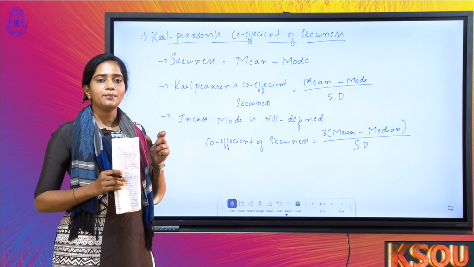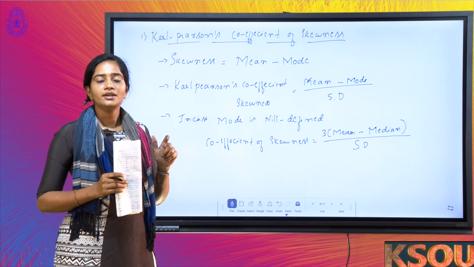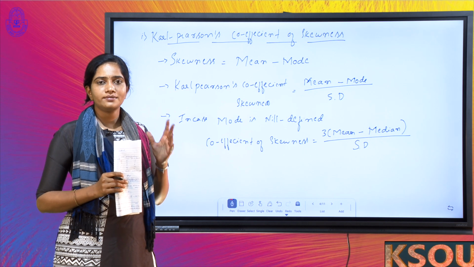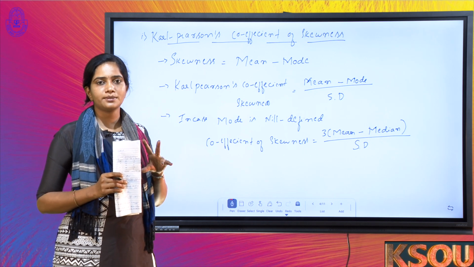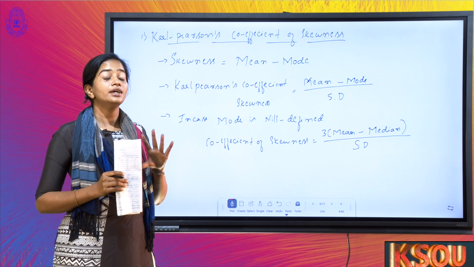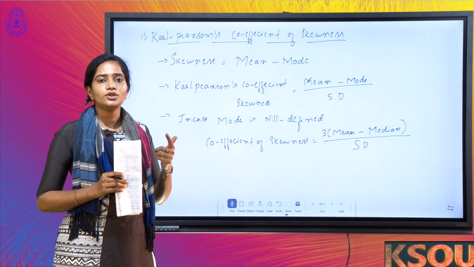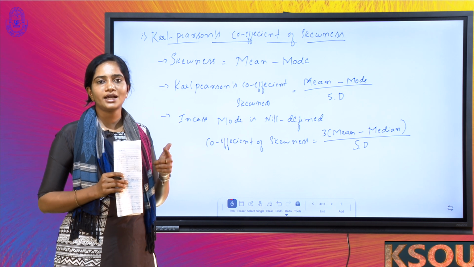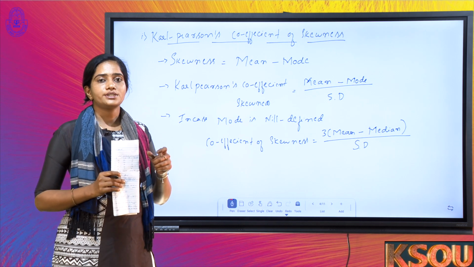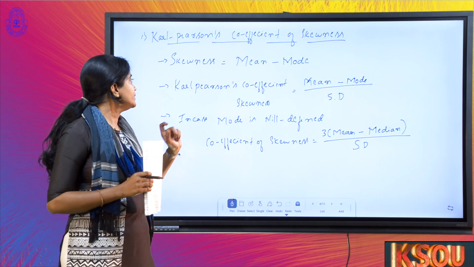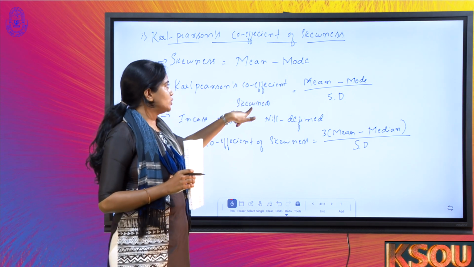We can't compare these two parameters because we have two different units of measurement. That is why, in order to compare them, we should not take an absolute measure of dispersion, but a relative measure, that is nothing but the coefficient of skewness.